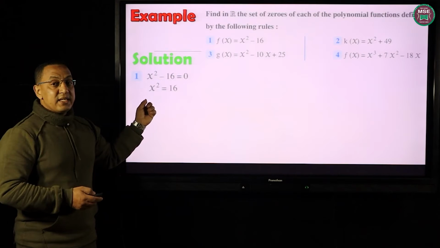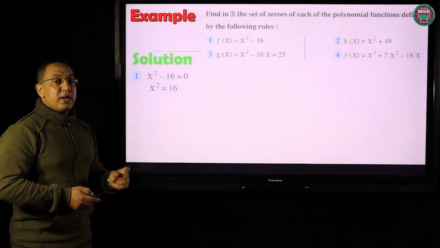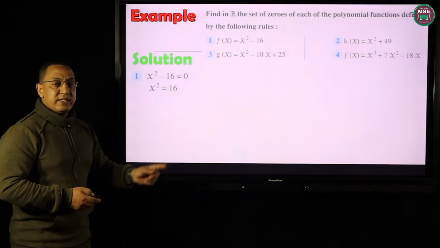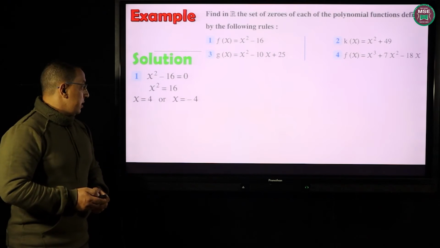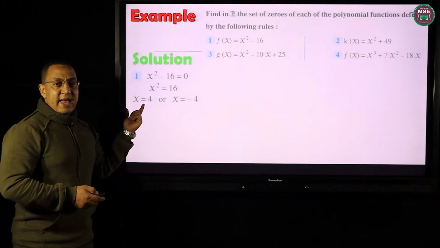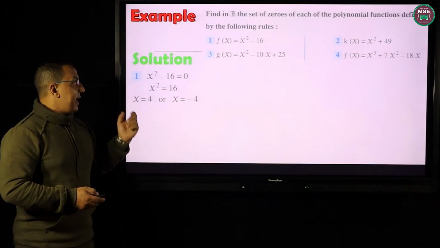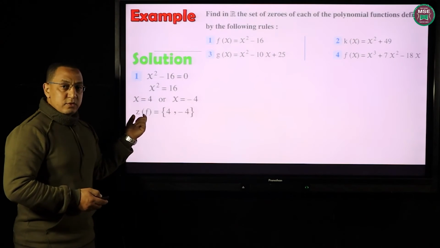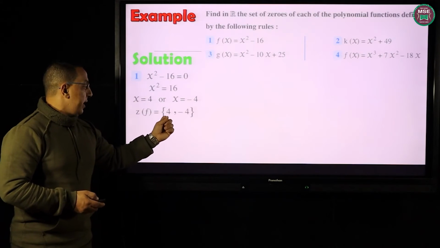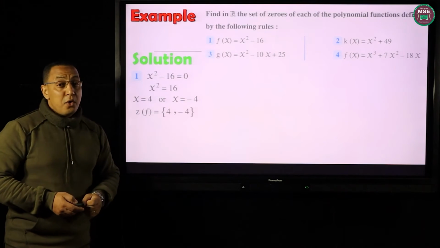I'm going to take the square root, so x equals negative or positive square root of 16, which is negative or positive 4. So x has two values, 4 or negative 4. So zeros of the function equal 4 and negative 4.